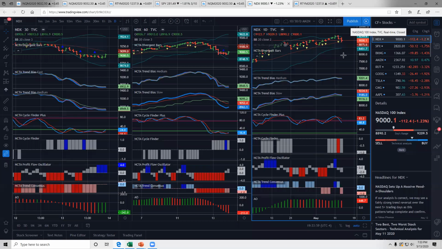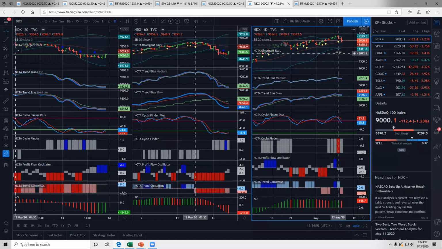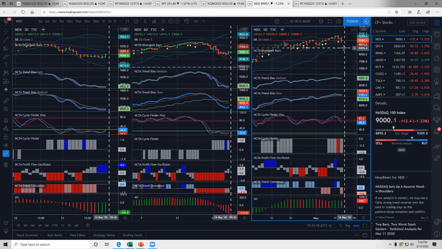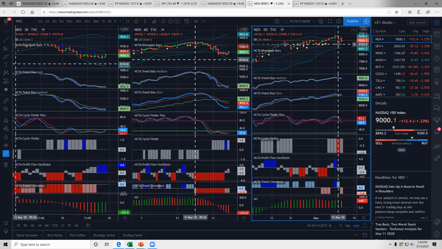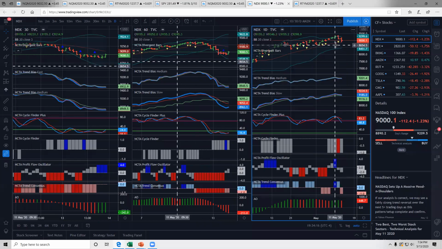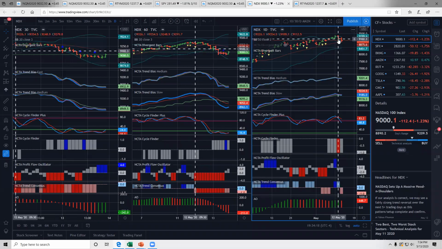So one of the ones that I noticed today is NDX on the daily chart. It had a divergent bar yesterday. A bearish divergent bar is where the high of that day's bar was higher than the prior day, but the close of that day's bar is in the bottom 50% of the day's range.